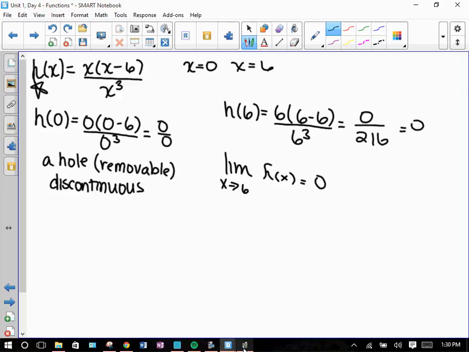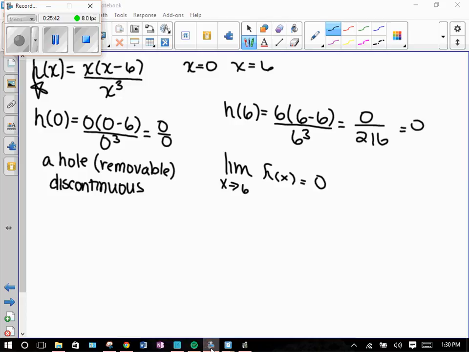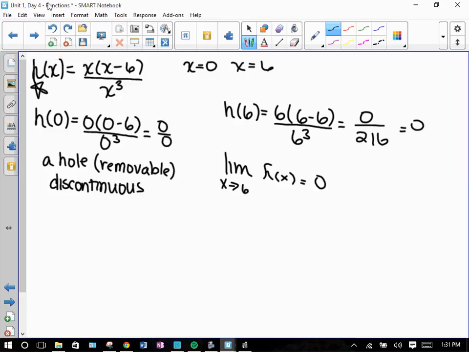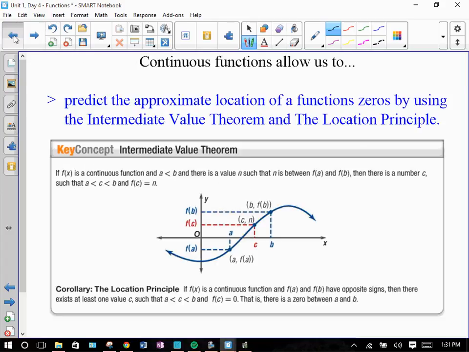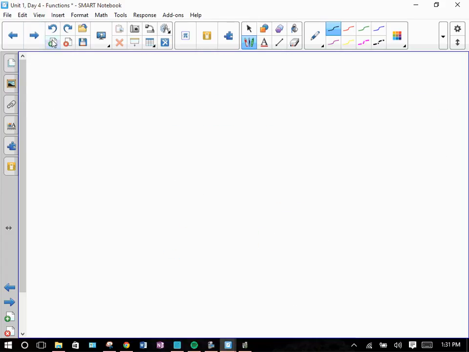This is the last one, number 10. Piecewise functions are going to give you jump discontinuities. So if there's a discontinuity here, it's probably going to be a jump discontinuity. We'll have to double check though.